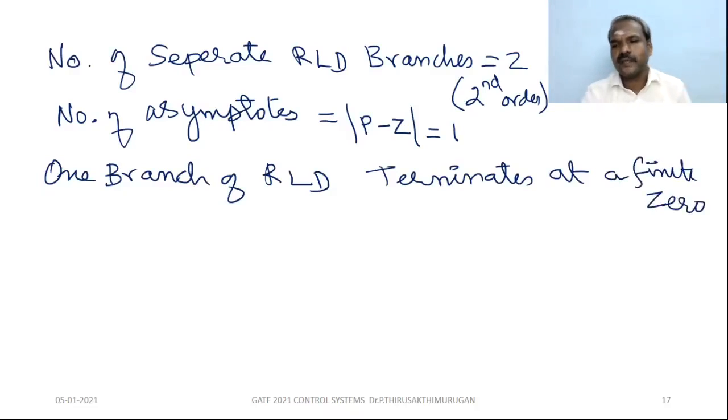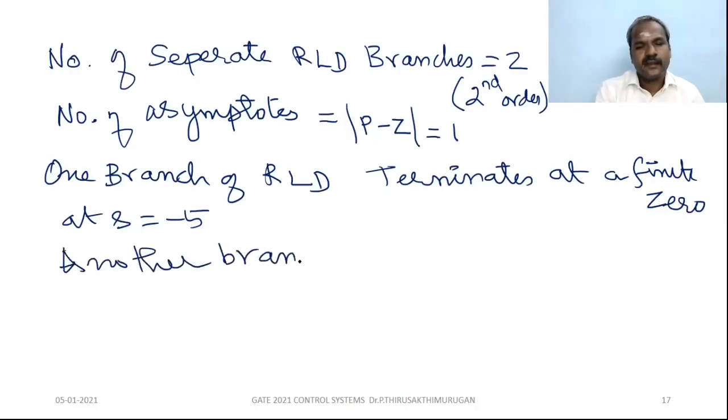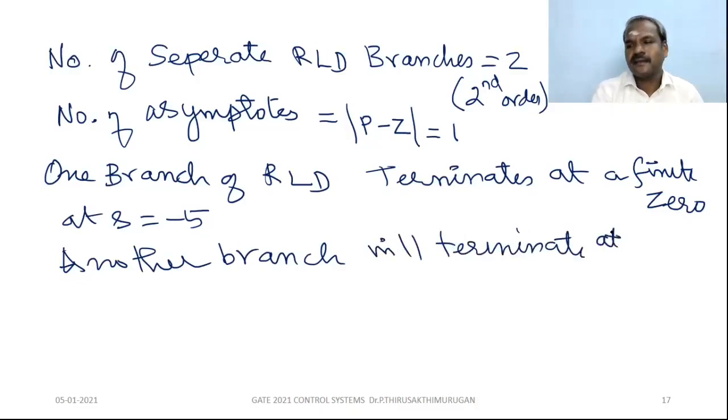The value we know is -5, right? Zero at s equal to -5, because p minus z is 1. Hence, the second branch, one branch, terminates at a finite zero. The other branch will terminate at infinity, right?